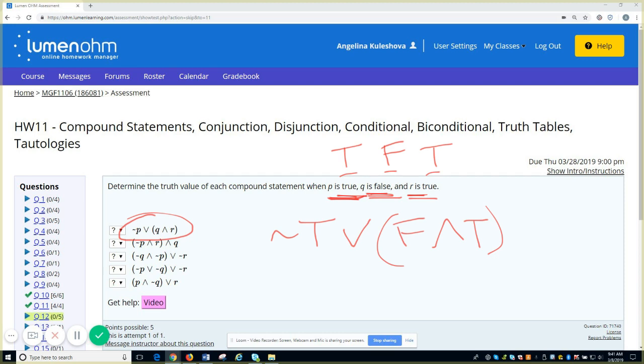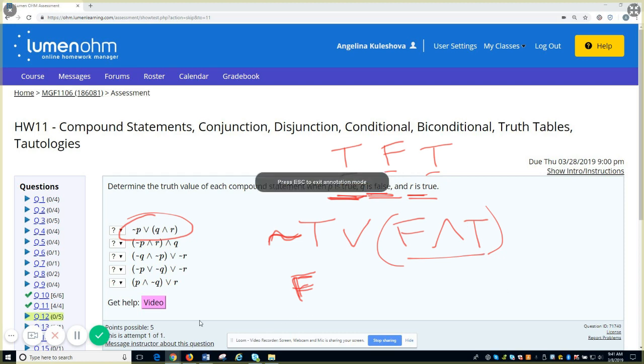Now, the individual negation, you can simplify it right away because I know that the negated true is false. That's the definition of negating true. Now I can simplify within the parentheses. So within the parentheses, I have false and true.